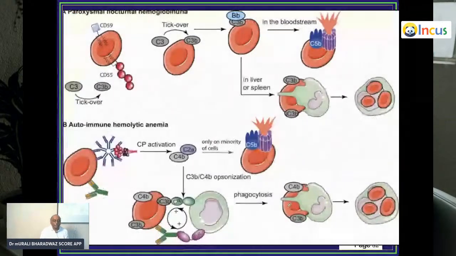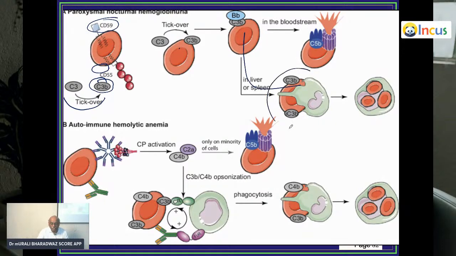Now, in paroxysmal nocturnal hemoglobinuria, what happens? CD59 and CD55 are missing, which leads to tick-over of C3b, the opsonizing protein. When that goes to the liver and spleen, there is hemolysis.